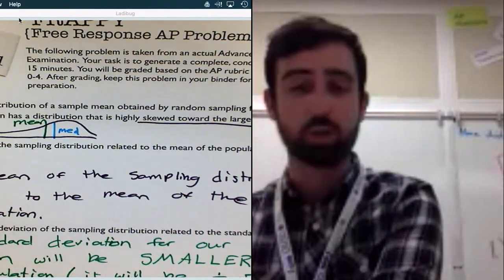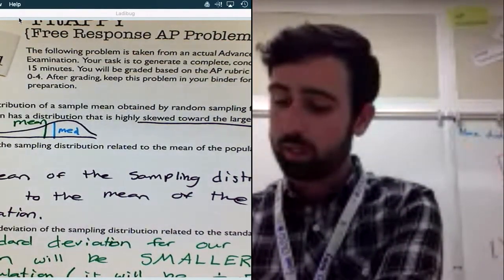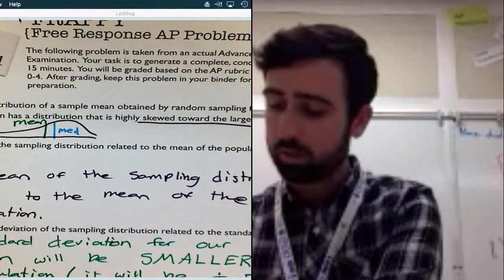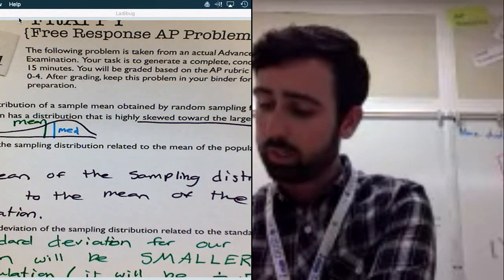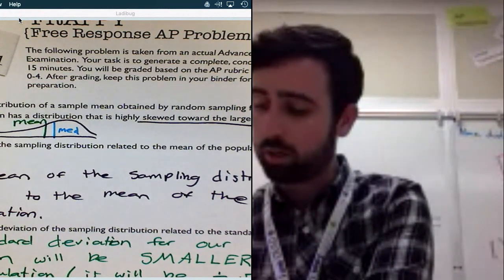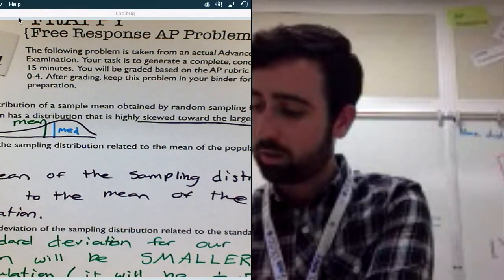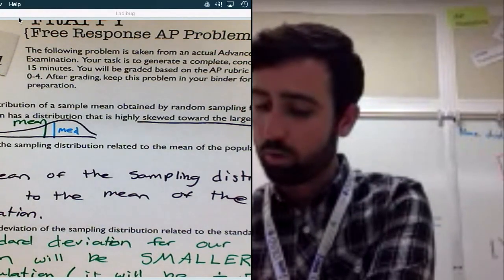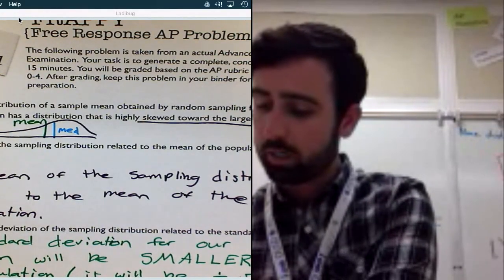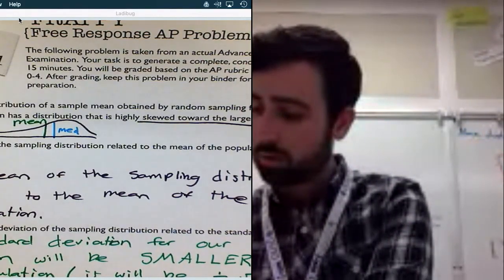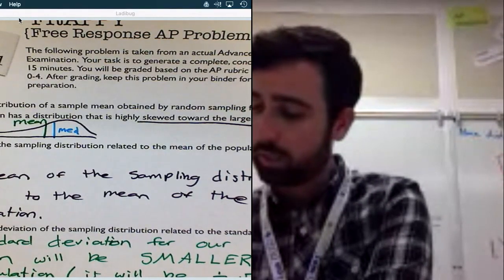And just for good measure, we also might want to note, as you increase n, the standard deviation for your sampling distribution will decrease.